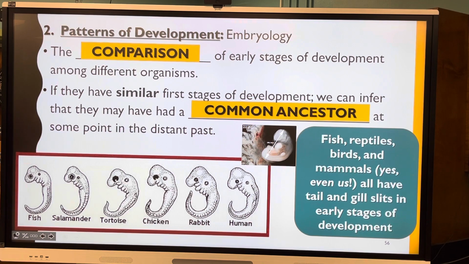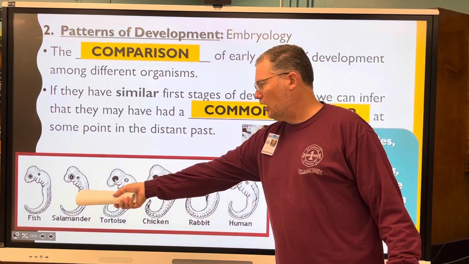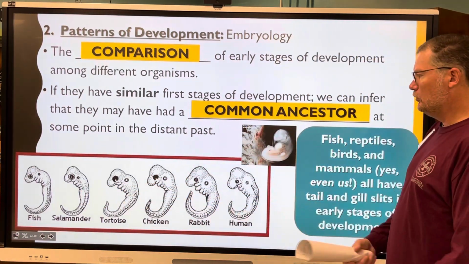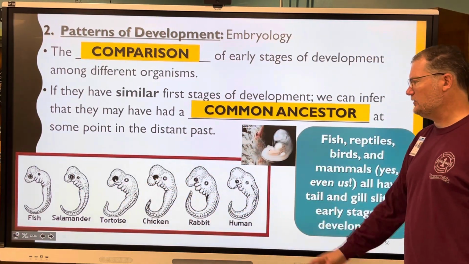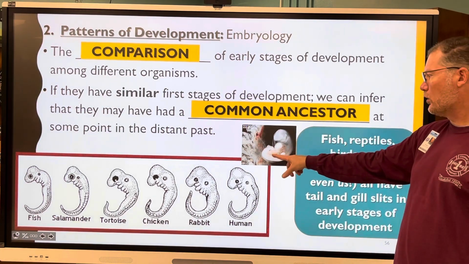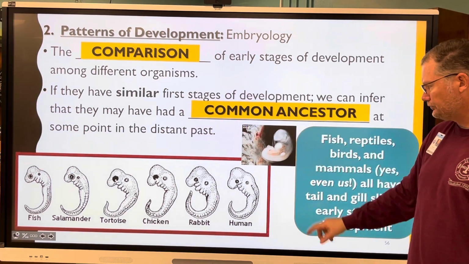So if we can compare the early stages of development among different organisms, we see that they have similar structures, similar features. For example, the gill slits. All of these embryonic stages of animals look very similar. And this is an actual human embryo that's 4 weeks old, right there.